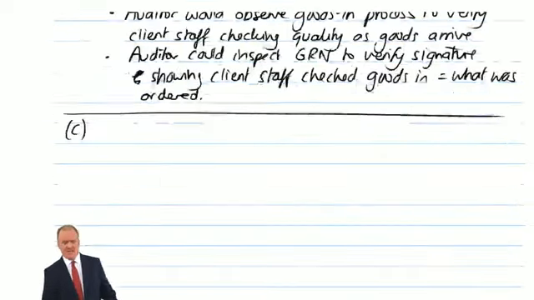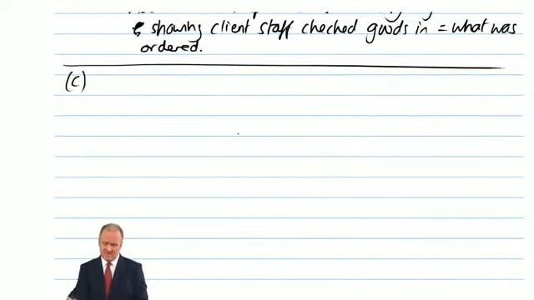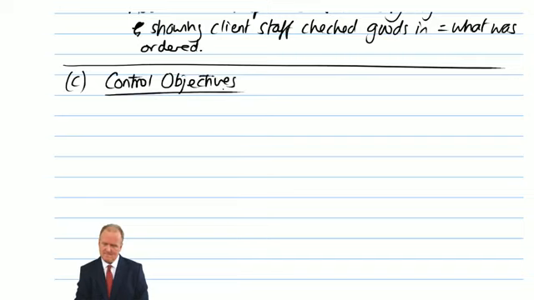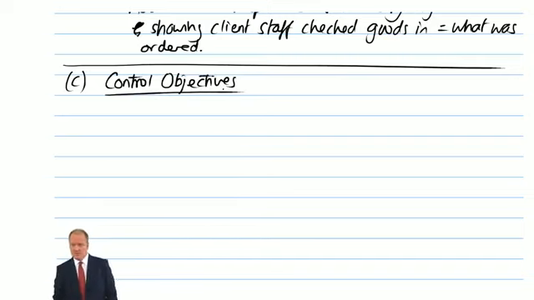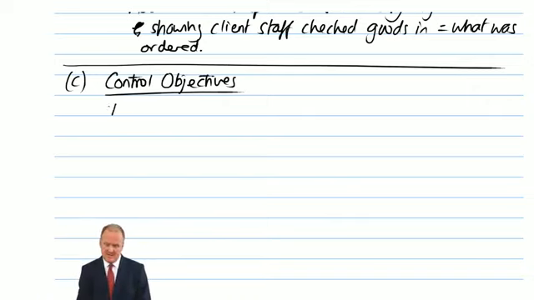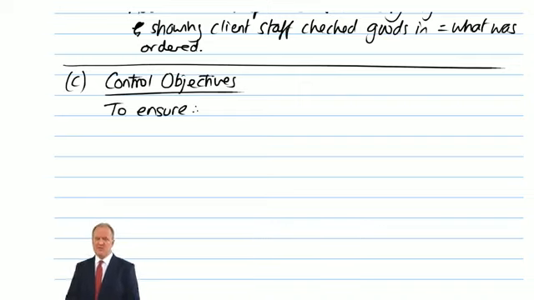And part C, I suggested control objectives over sales. Objectives are what you want to try to achieve, so they should all work if you say "to ensure". What do we want to achieve with sales?